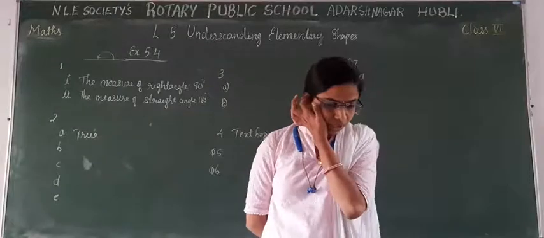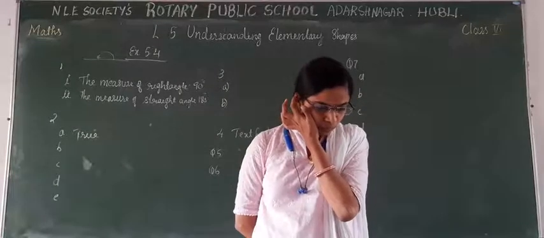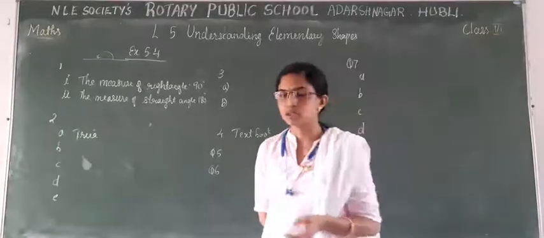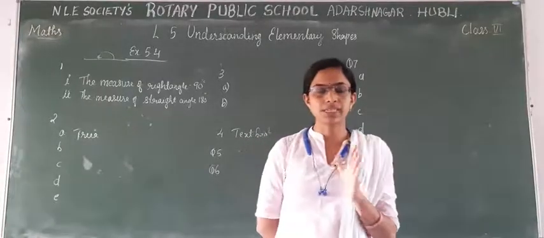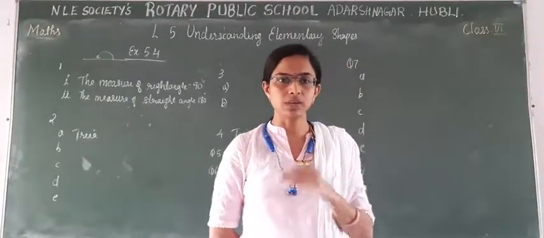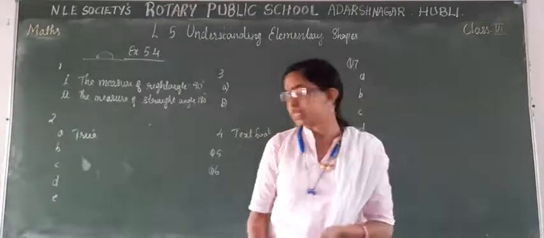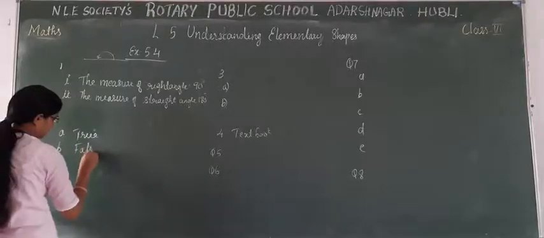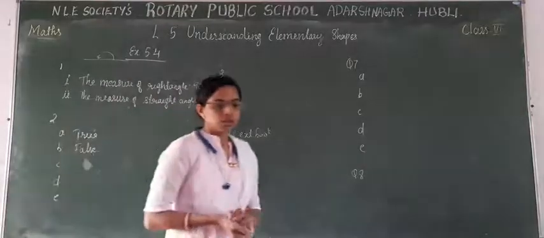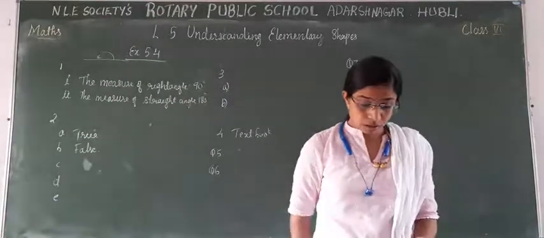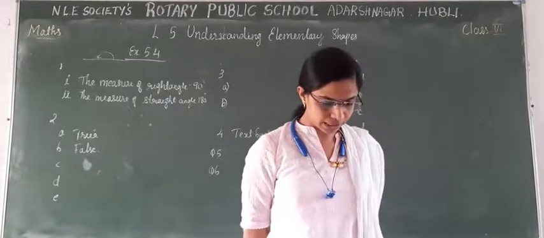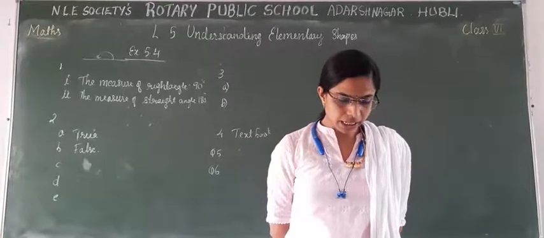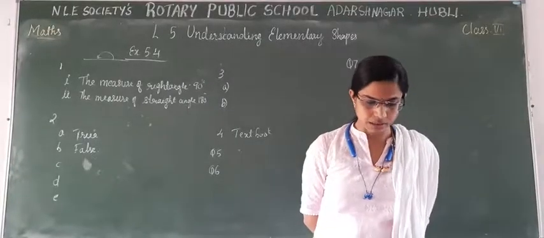The measure of an obtuse angle is less than 90 degrees. Again, the measure of an obtuse angle is more than 90 degrees and less than 180 degrees. Hence, the second statement is false. Third statement. The measure of a reflex angle is greater than 180 degrees. True.